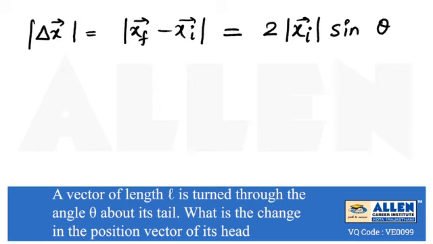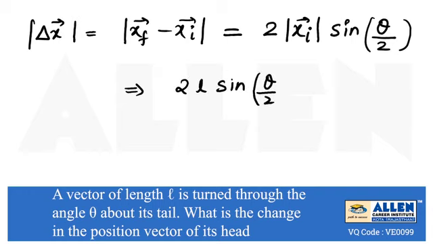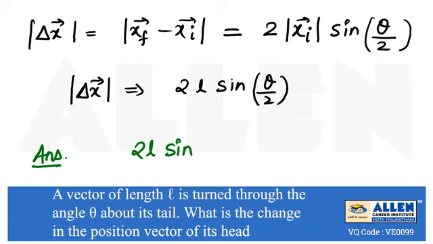Angle is theta and we have to use half angle, therefore it can be written as 2L sine theta by 2, because magnitude of the vector is L. Therefore we have to find the change in position of its head, which is coming out 2L sine theta by 2. Therefore answer of this question is 2L sine theta by 2.